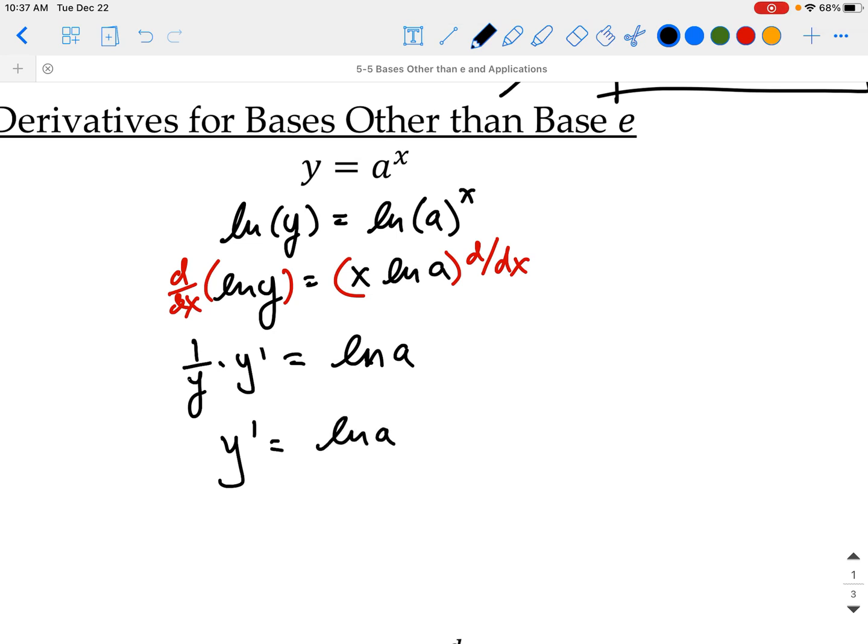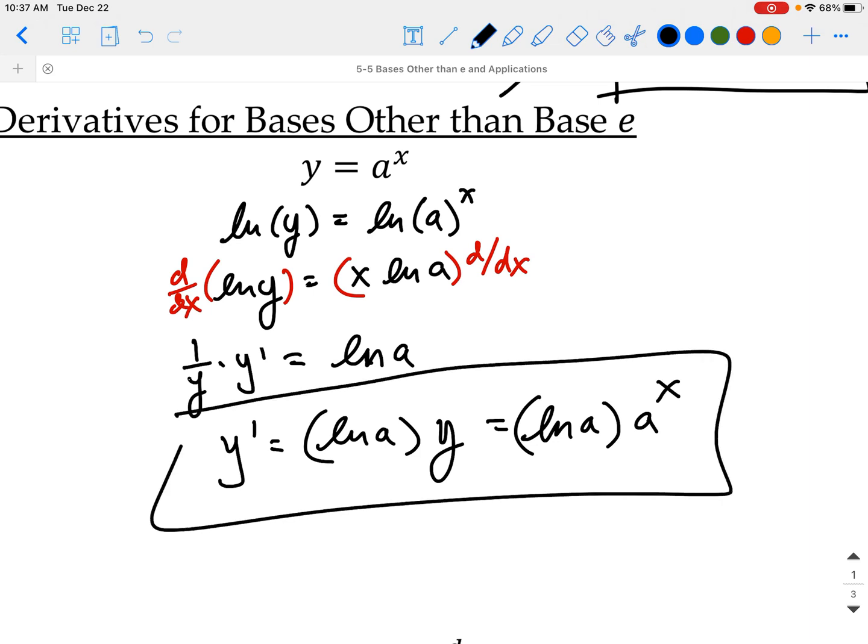And then y prime is going to equal the natural log of a. We can multiply both sides by y. So we'll get natural log of a times y, which from our initial starting point is just a to the x. So the derivative of a to the x is just natural log of a times a to the x.